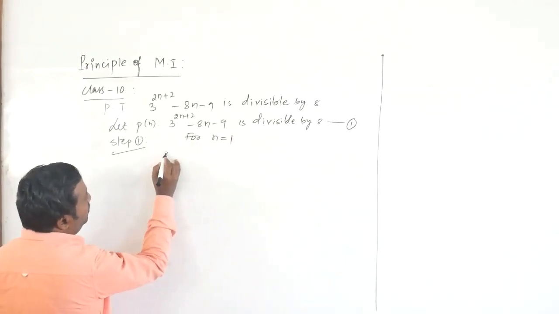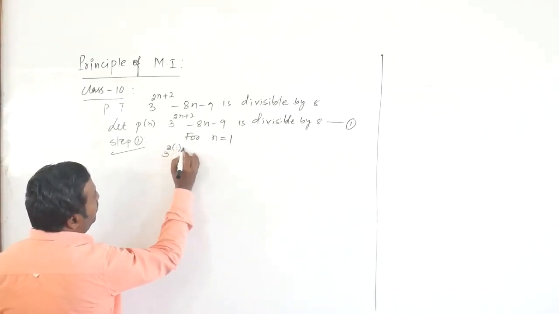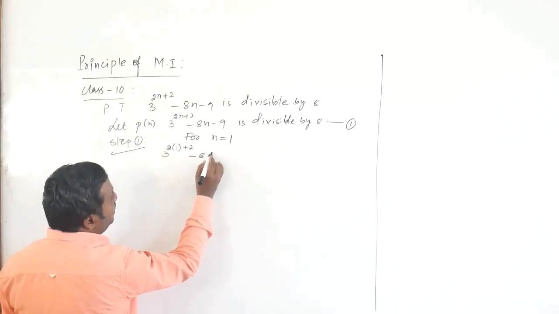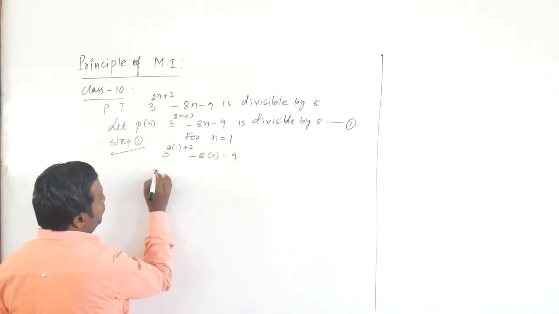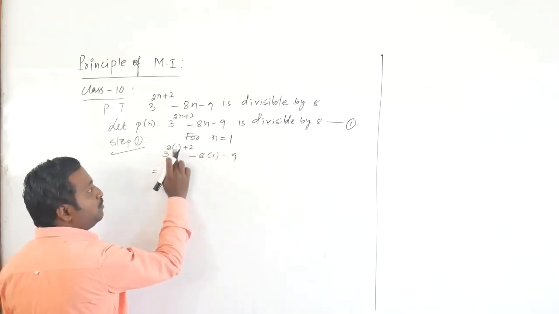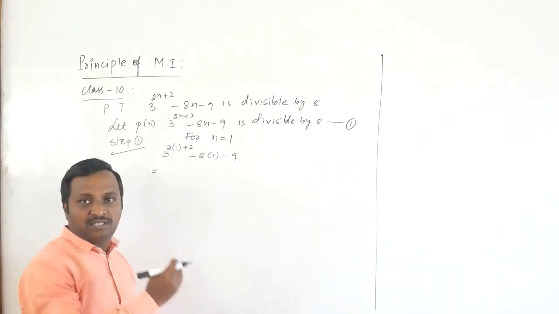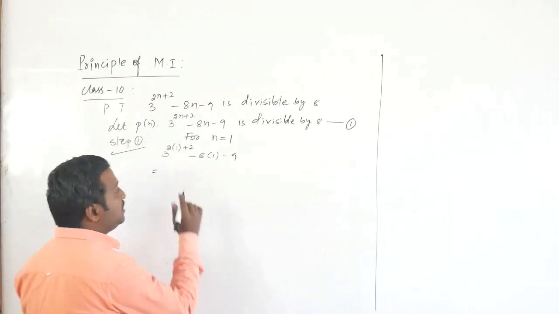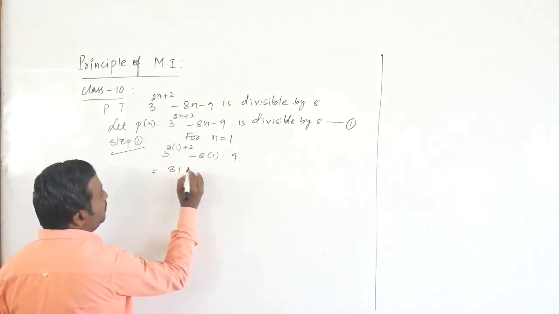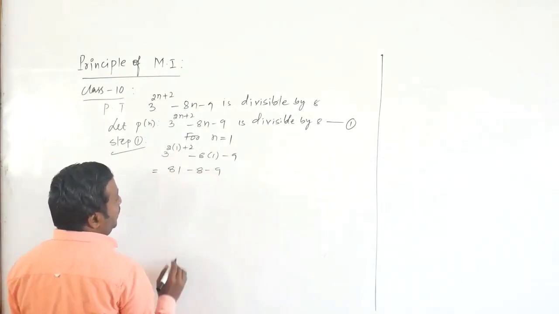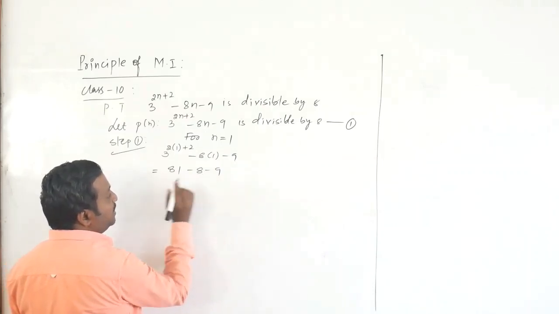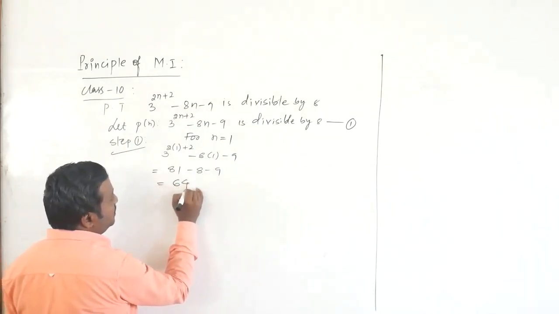For n equal to 1, what happens? 3 raised to 2 into 1 plus 2 minus 8 into 1 minus 9. So 3 raised to 2 into 1, 2 plus 2 is 4, 3 raised to 4. 3 square is 9, 3 cube is 27, 3 raised to 4 is 81, minus 8 minus 9. So 81 minus 8 minus 9 is nothing but 64.